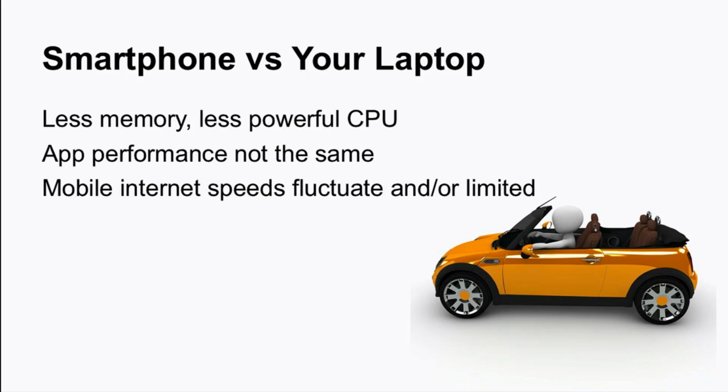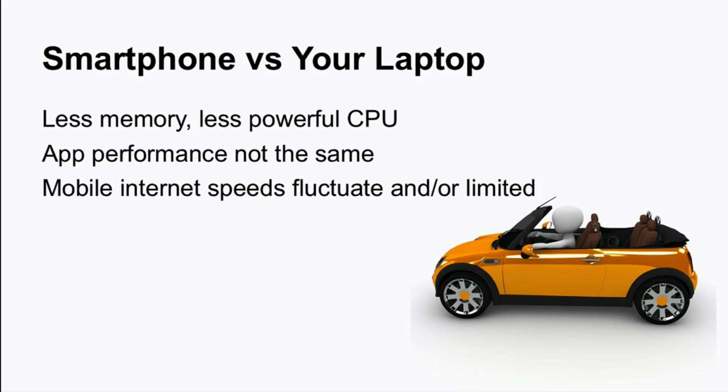Your smartphone or your tablet has significantly less memory. This phone right here has 3 gigs of RAM. This laptop has 16 gigs of RAM. This has significantly more CPU than this device. So the application performance is never going to be the same on these devices.